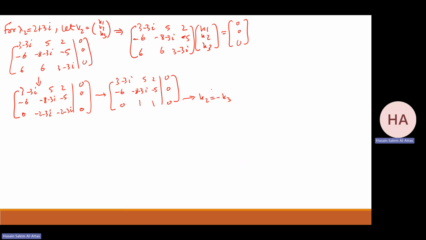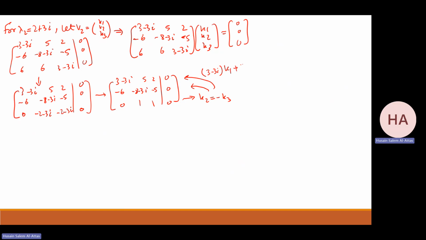Now I plug it into the first equation. So I'm getting now 2 equations. Plug it here, plug it here. I'm getting 3 minus 3i times K1. Okay. I have, instead of K2, I'll write minus K3.